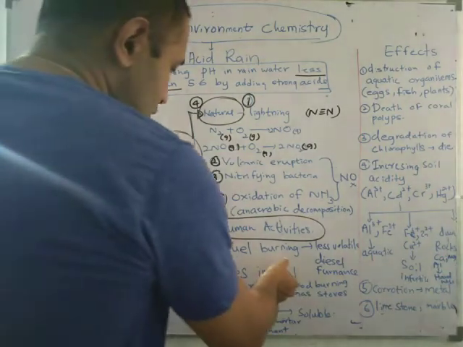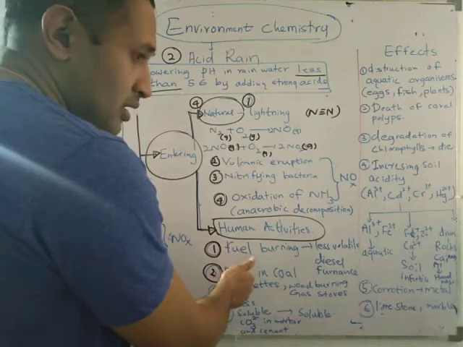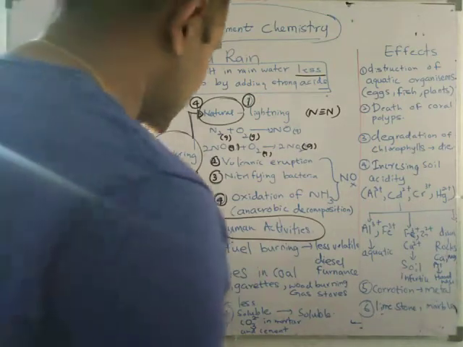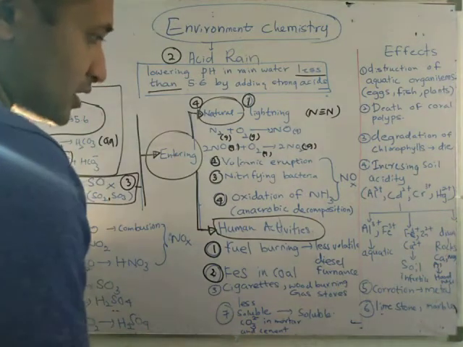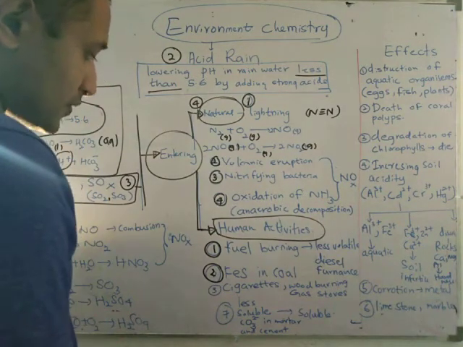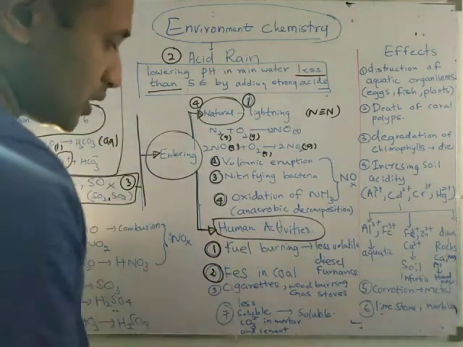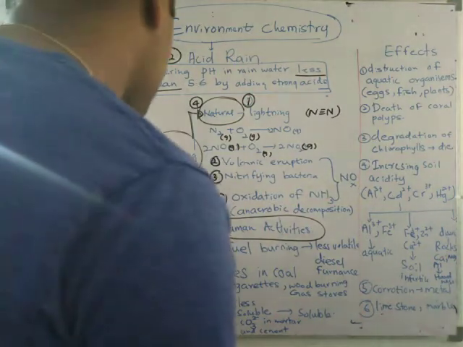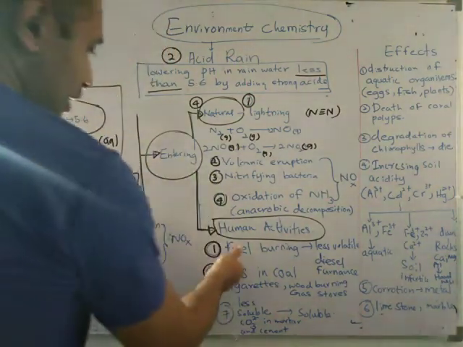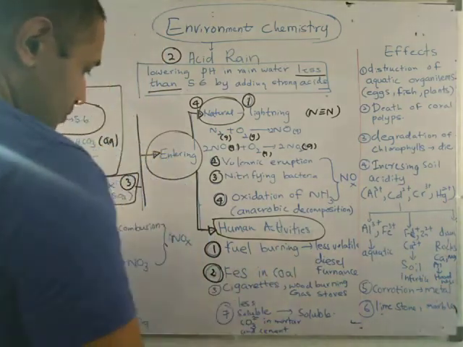So when we are burning this, it contains these sulfides and it produces sulfur dioxide and sulfur trioxide. Also when we are extracting metals, sometimes we are burning FeS, so it also can produce sulfur dioxide. That is the second method, coal burning.